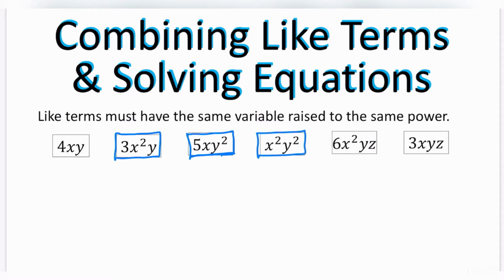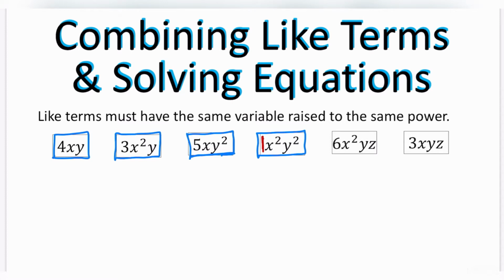When you don't see a coefficient, and if you remember what I just said, the coefficient is the number in front of those variables, then right here the coefficient really is 1. But still, nothing else has x squared y squared, so these are not like terms. So far, none of the ones that we've looked at are like terms. All those in blue right now are all different.